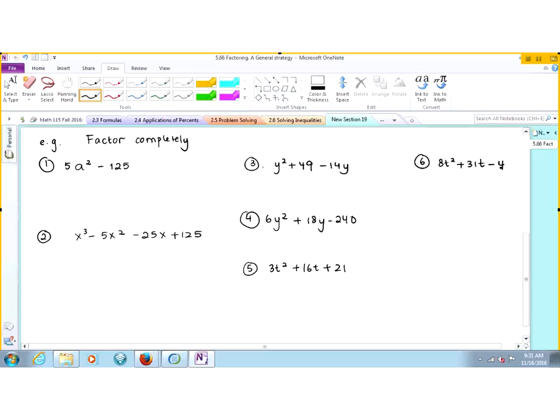Which is? 8 squared minus 25. What is 8 squared minus 25? I should give you a quiz tomorrow. 8 plus 5, 8 minus 5, right?